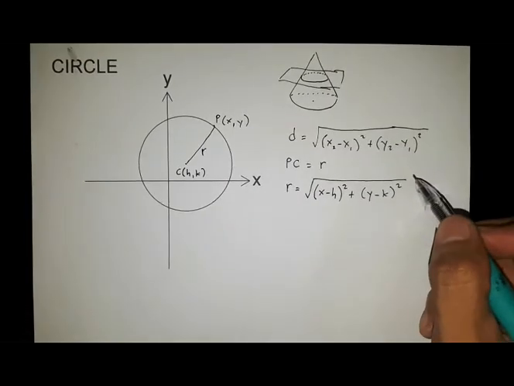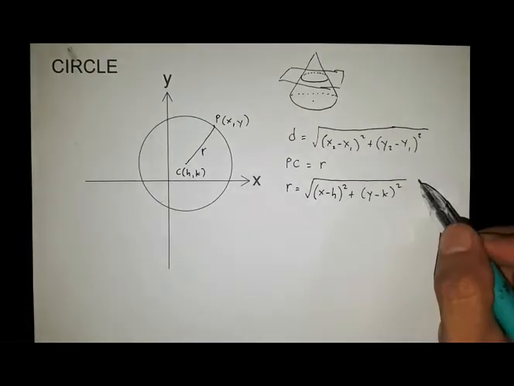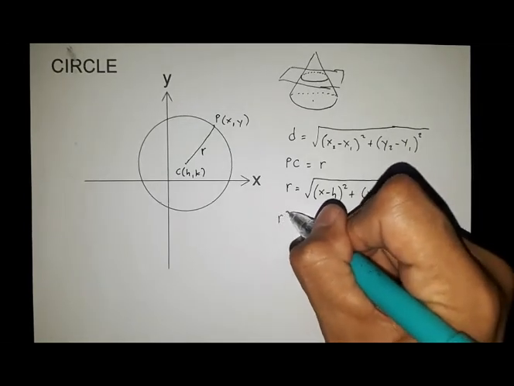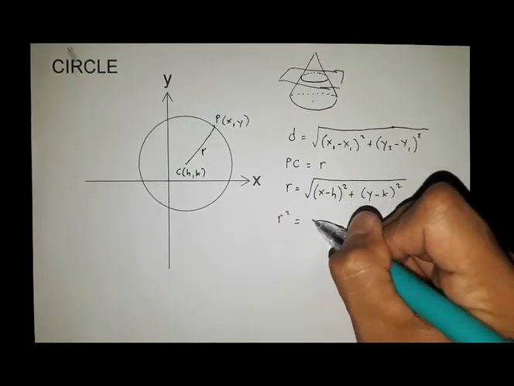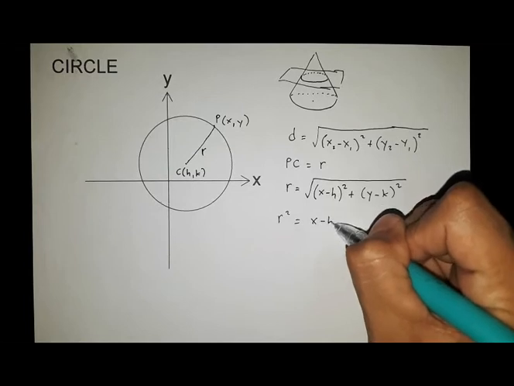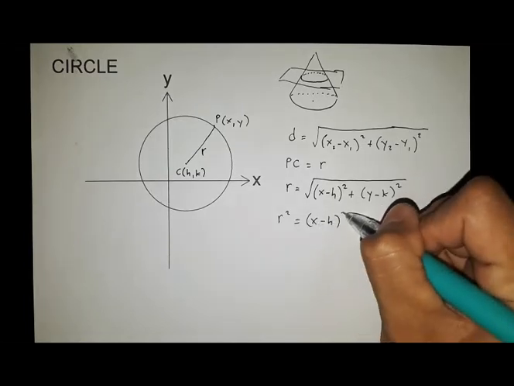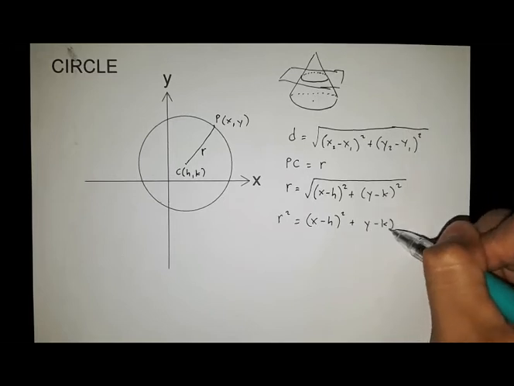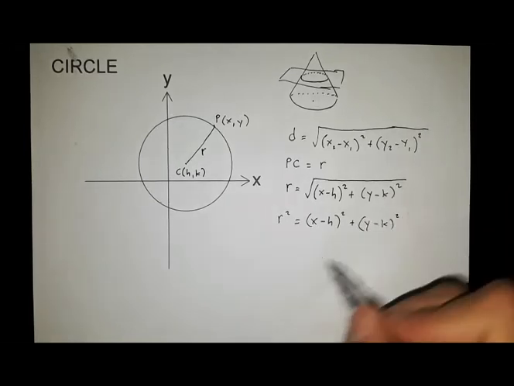If we square the whole equation, we have r squared equals the quantity x minus h squared plus the quantity y minus k squared.